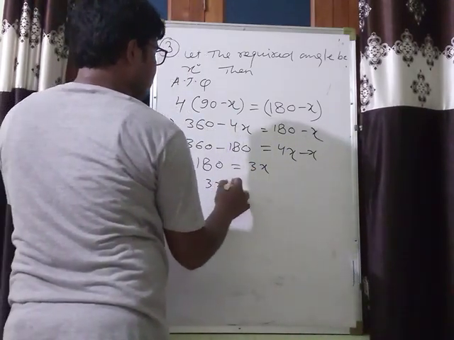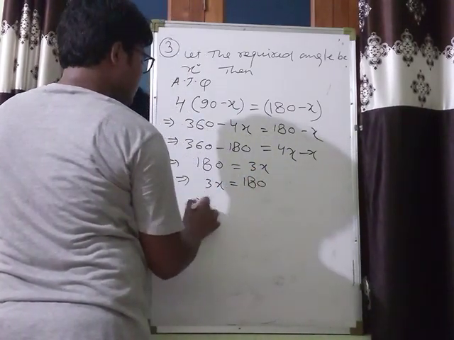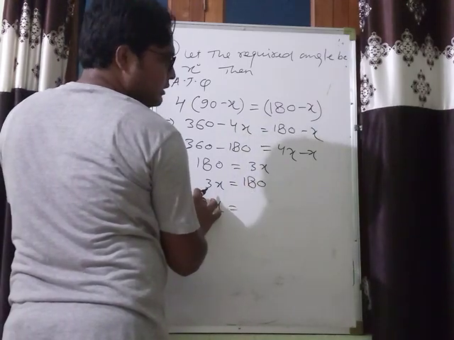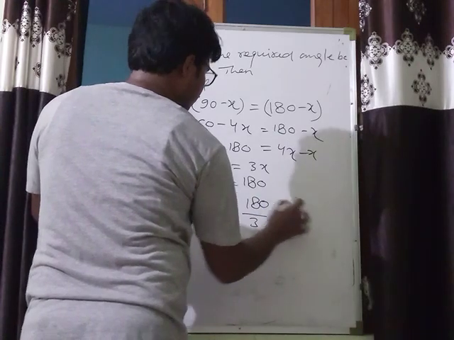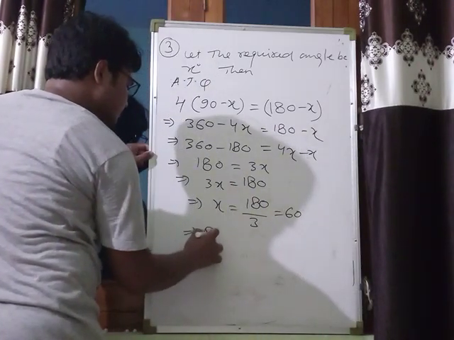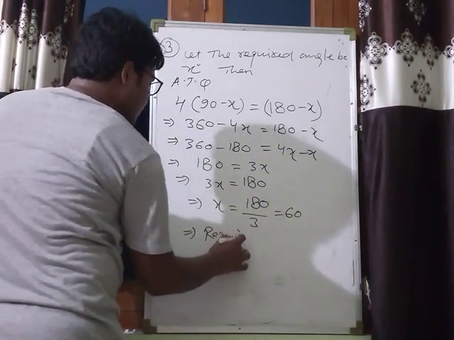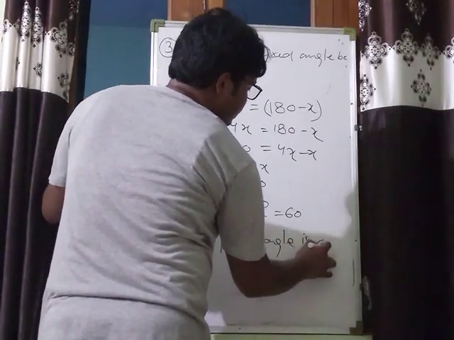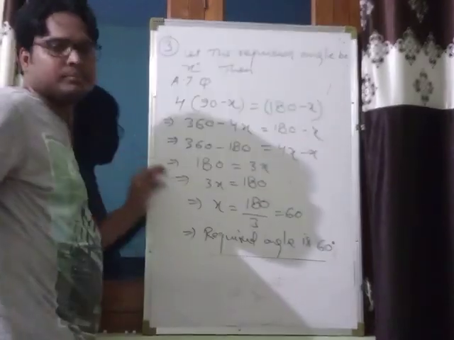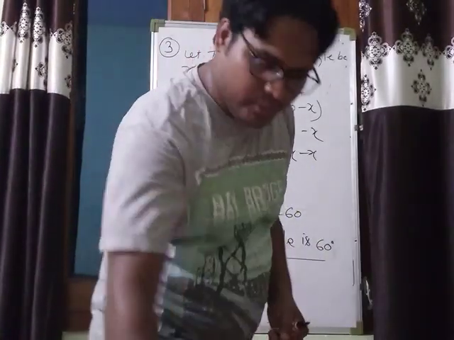So from here 3x is equal to 180, means x is equal to 180 divided by 3, that is 60 degree. So the required angle is 60 degree.